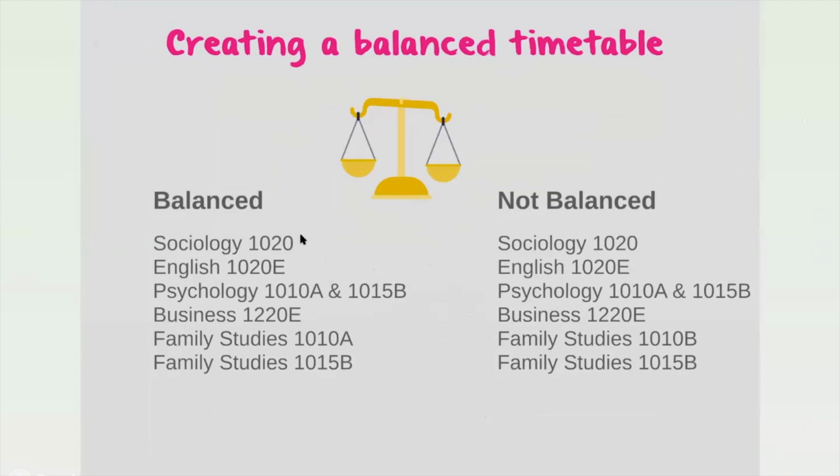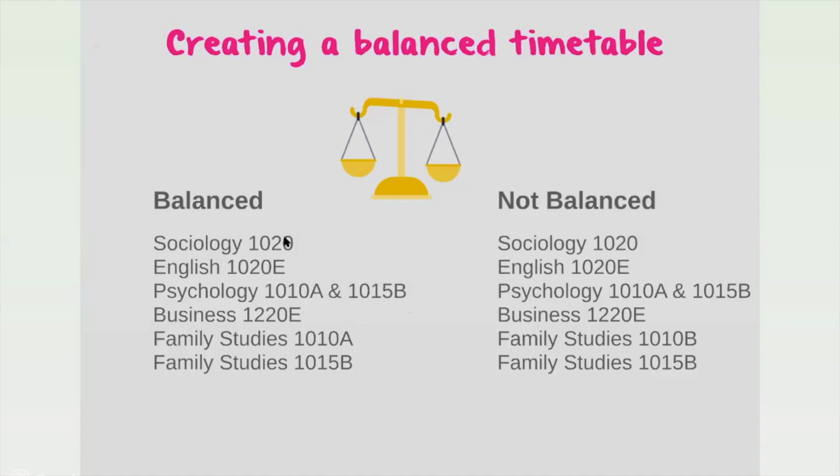So this person with a balanced timetable has a few different full year courses. So they have sociology, English, and business. So those 3 are going from September all the way through to April. They also have psychology 1010, 1015 in first term, 1010 and 1015B in second term, as well as family studies 1010 in first term and 1015B in second term.